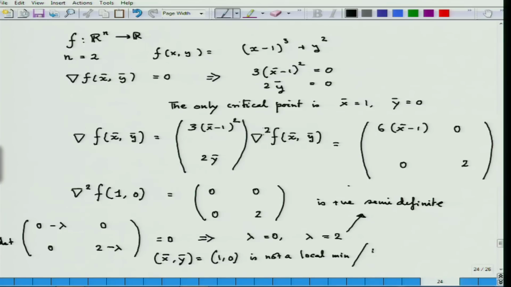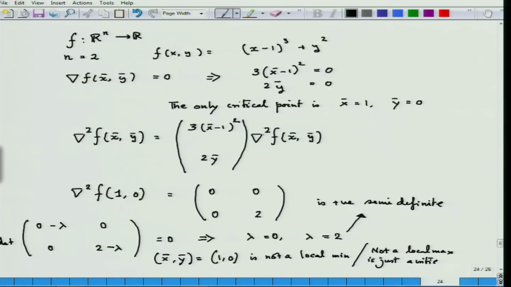In fact, it is not a local max, it is just a critical point. See, positive semi definite does not give you what you require. It is positive definiteness which will give you what you require. So, this example illustrates that.